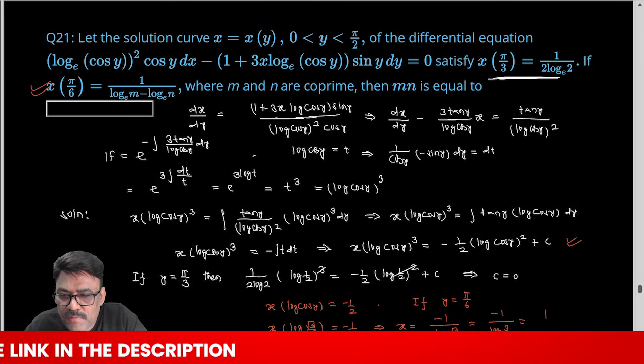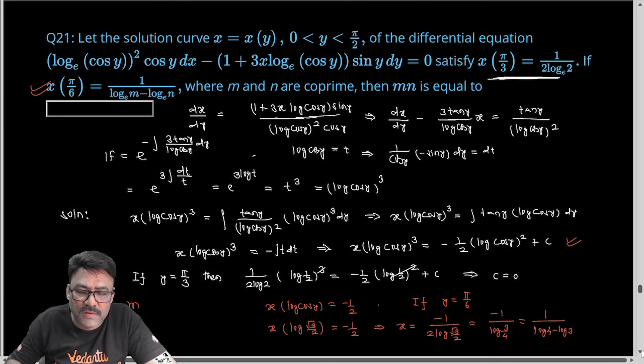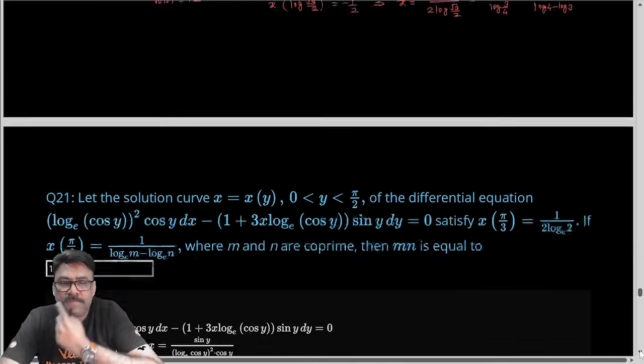So ultimately it becomes 1 over log 4 minus log 3, and they have given log m minus log n. So m is 4, n is 3, and hence mn will be 12. The final answer is 12, m is 4, n is 3.